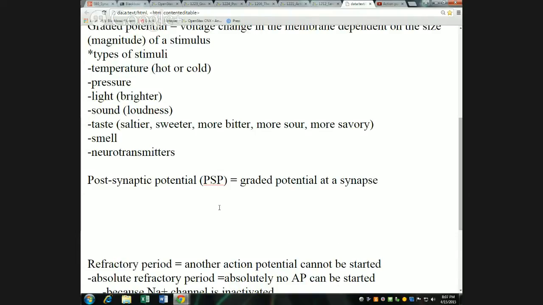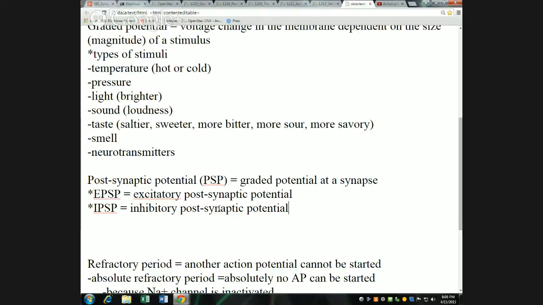EPSPs are excitatory postsynaptic potentials. And IPSPs are inhibitory postsynaptic potentials. Okay.